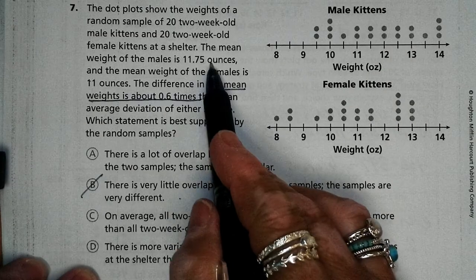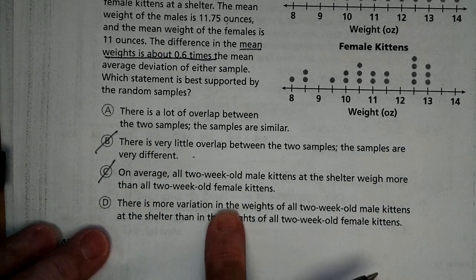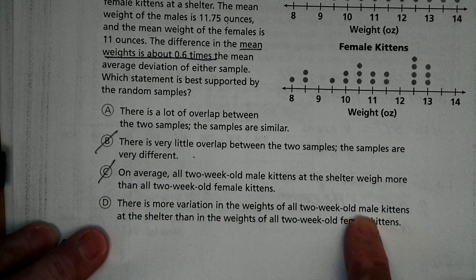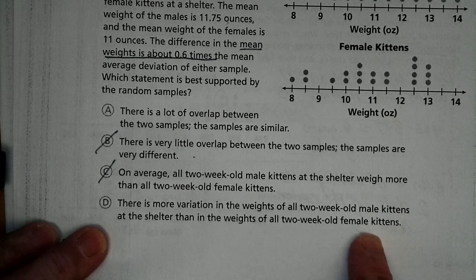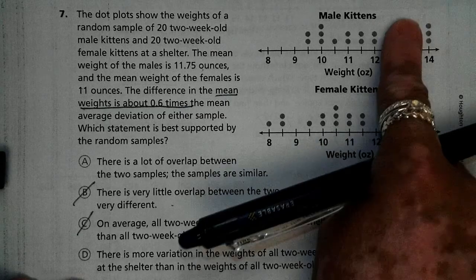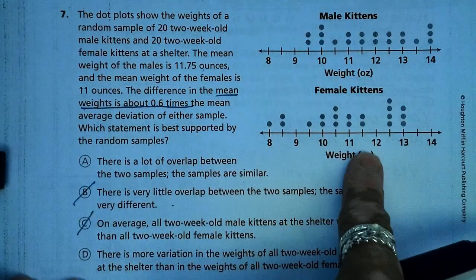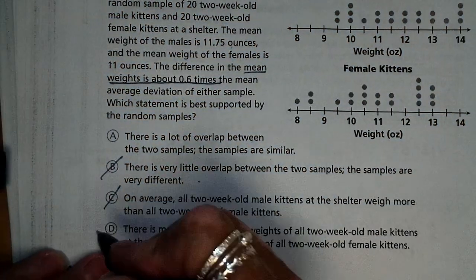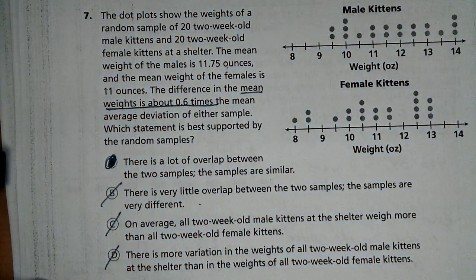Well, it's not much more, so that one doesn't work. And there are more variations in the weights of all 22-week-old male kittens at the shelter than the weights of the 22-week-old females. Well, as you can see, there is not much variation at all. They are pretty close in data. So D doesn't work, so A is definitely the answer.